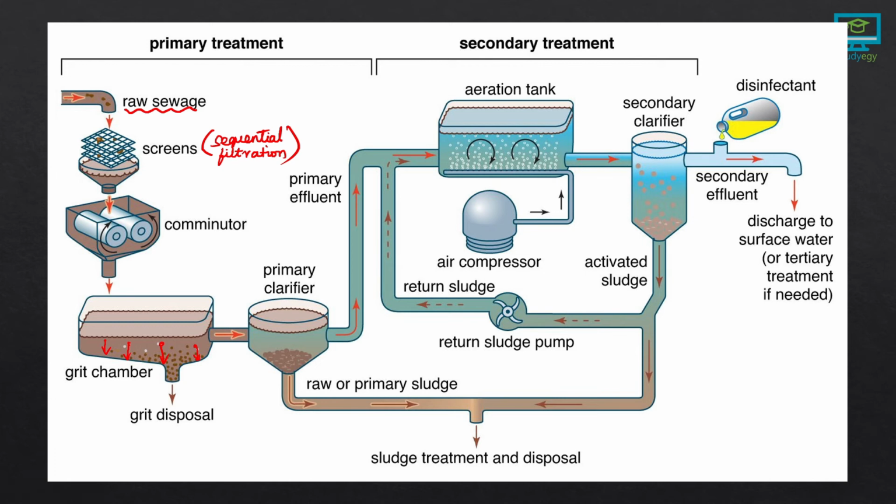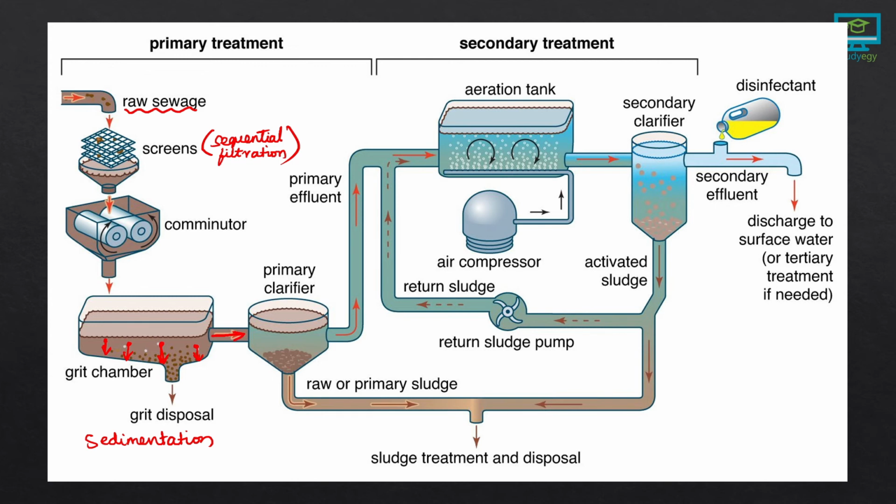Now we have sedimentation here, through which we remove the grit, that is the soil particles and a few pebbles. This is called primary effluent. Now it is sent to the aeration tanks.